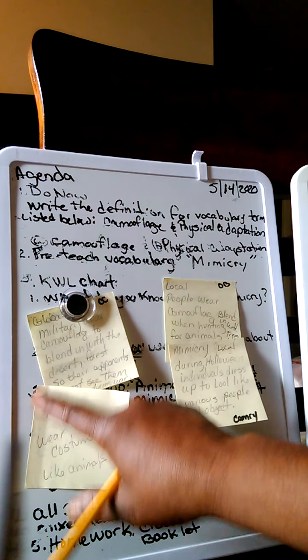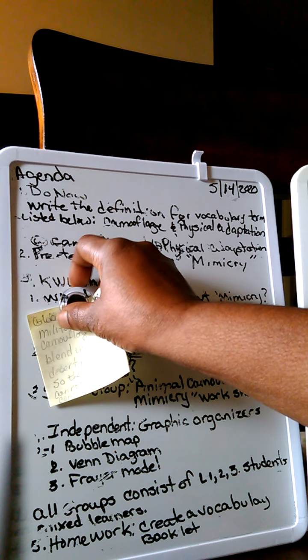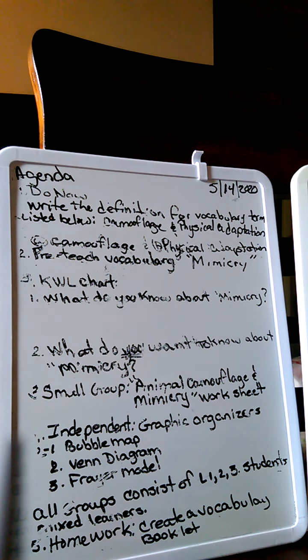Now we're going to go on to our independent assignment. We're going to branch off and do our independent work. We've completed our mimicry worksheet. So now we're going to do our independent work.